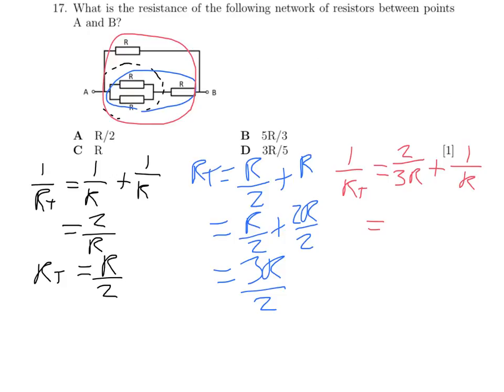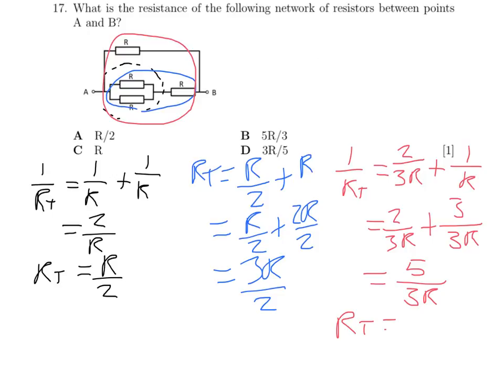Then we add that to our 1 over R, which is our resistor by itself. So we leave the 2 over 3R by itself, and then we times both the top and the bottom of the fraction there by 3 to make adding those fractions possible.